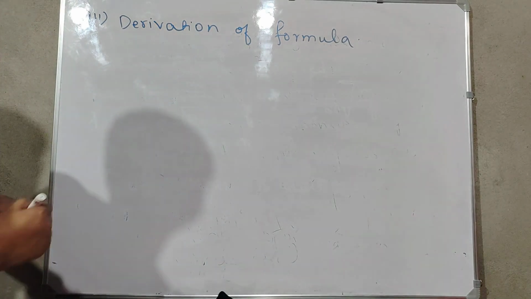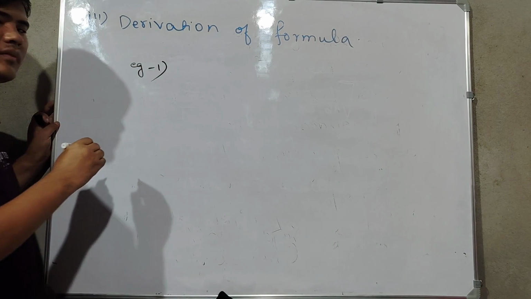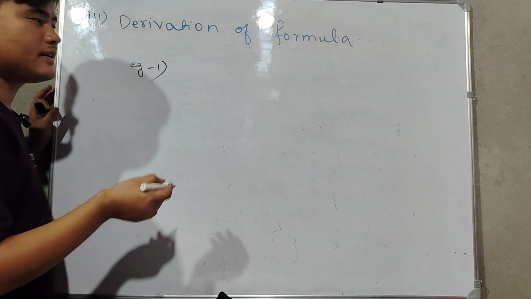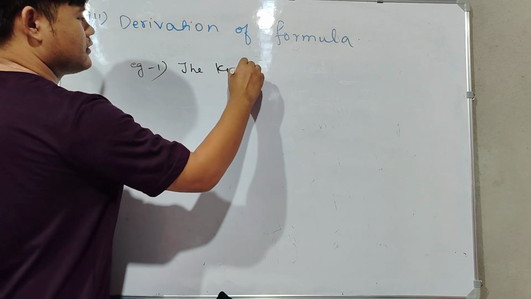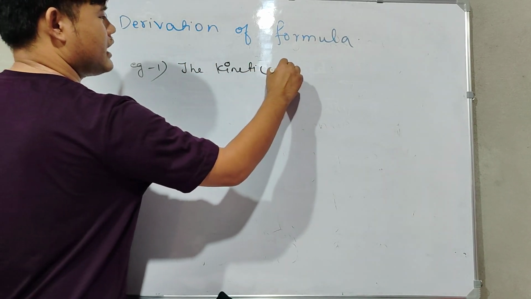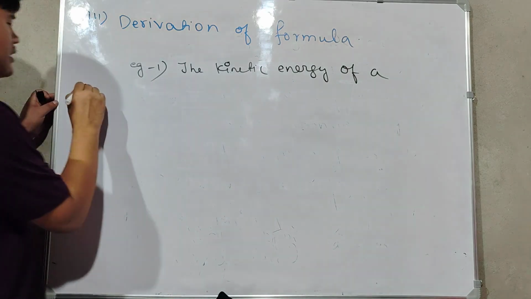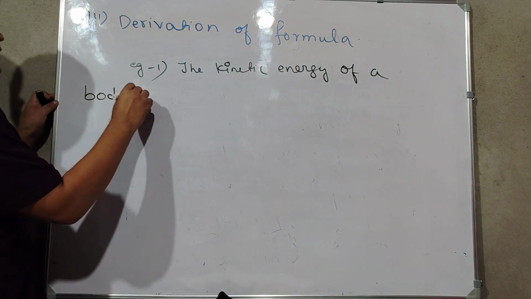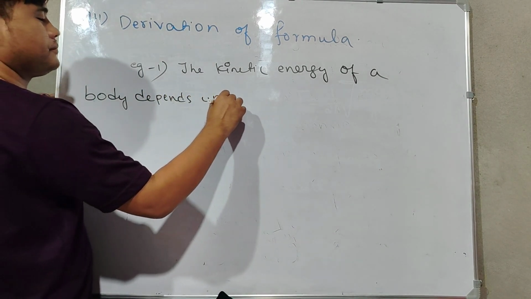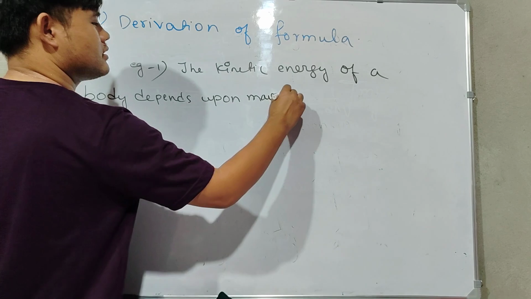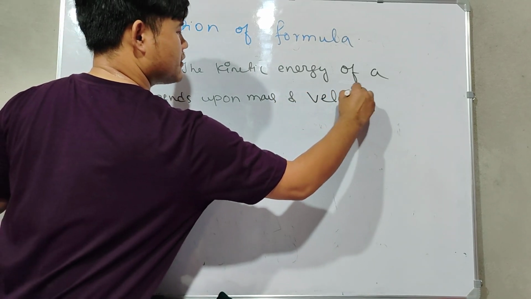For example, the question will give like this: the kinetic energy of a body depends upon mass and velocity.